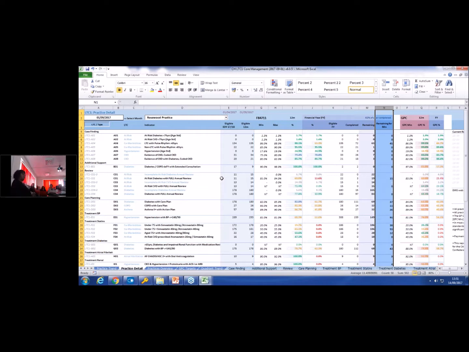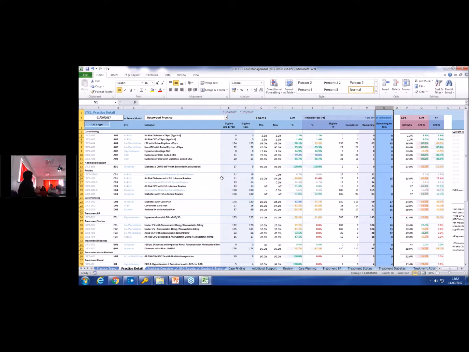Okay, so the financial year starts from 1st of April in this financial year. The 12 months looks at the last 12 months, so it's not within the financial year. It's everything in the last 12 months. If this is September, 12 months means you're looking from last year September to this year September.